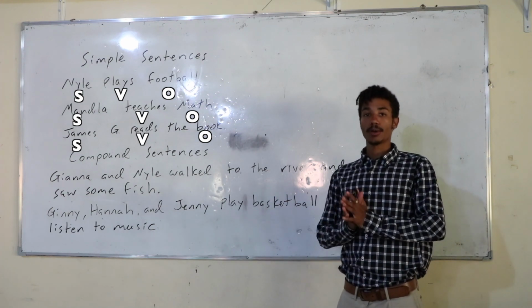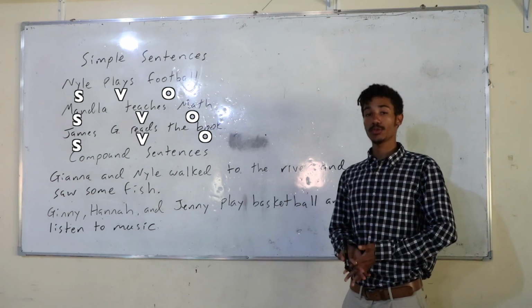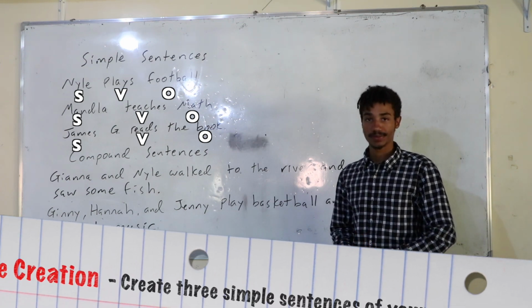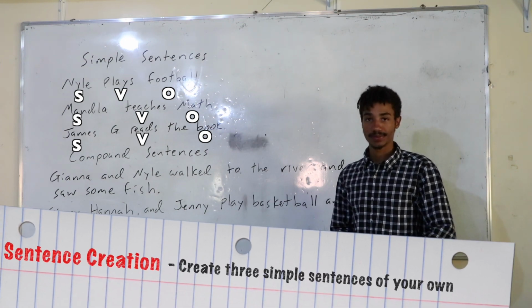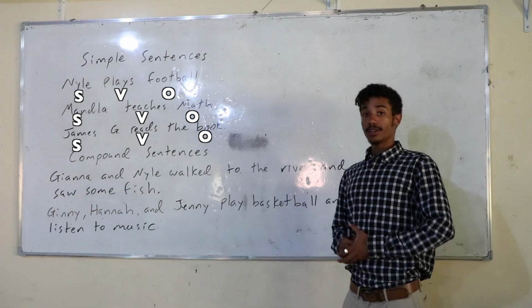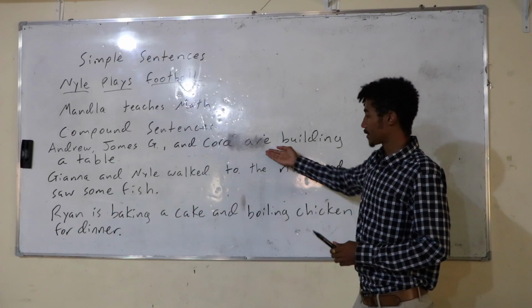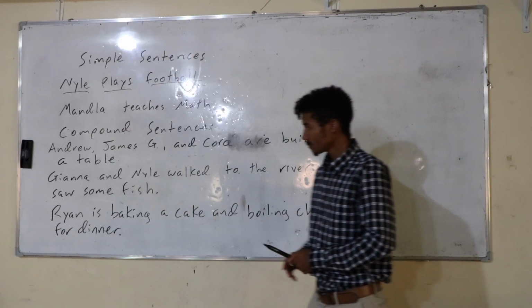Now, why don't you take a moment and try to create 3 simple sentences of your own. The next type of sentence is a compound sentence. Sometimes we have many verbs, many objects, and many subjects. Let's take this as an example. Andrew, James G, and Cora are building a table.